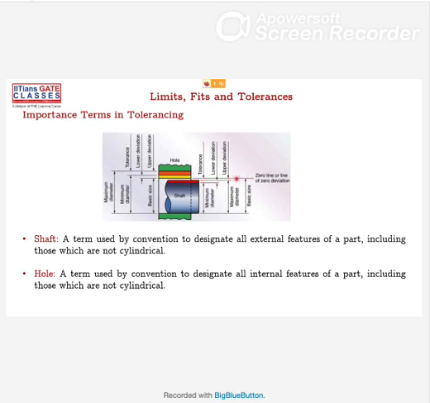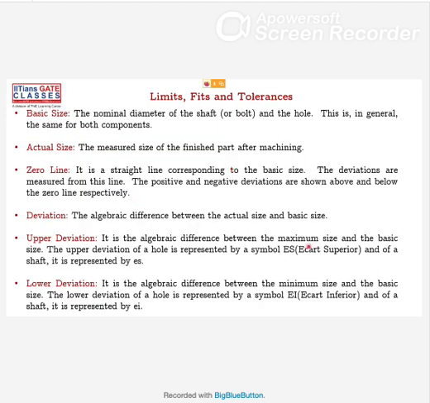The difference between the maximum limit and the basic limit is your upper deviation. The upper deviation of a hole is represented by the symbol ES, and I'll draw the diagram again, don't worry.